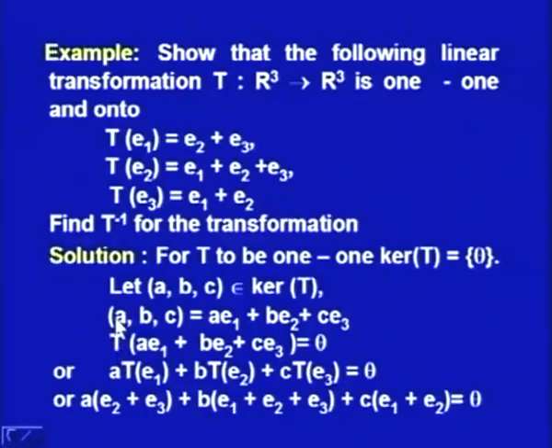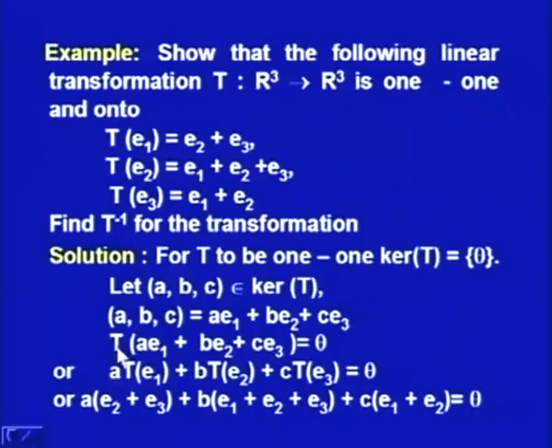So, T of (a, b, c) is equal to T of a E1 plus b E2 plus c E3, and this is equal to theta. That is what we have assumed, that is what we started with.